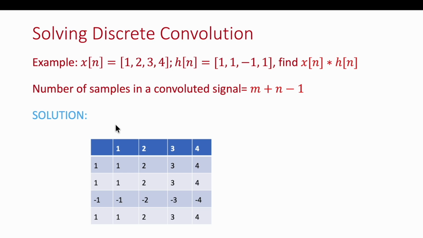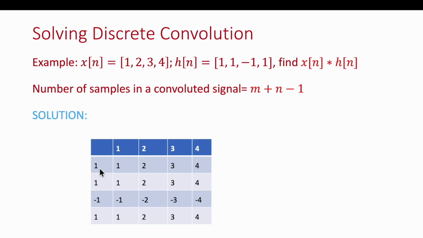You first need to draw a table, and in the first row of the table you write x of n, that is 1, 2, 3, 4. In the first column of this table you write h of n, which is 1 and then 1 and then minus 1 and then again 1.